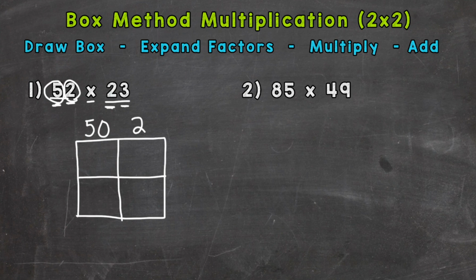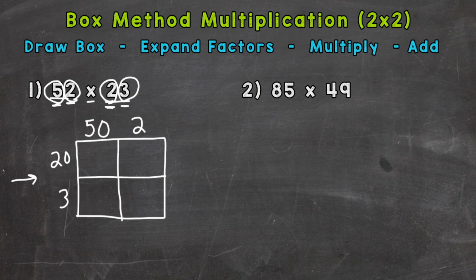Now we need to do the 23 along the side here. So the 2 has a value of 20, and the 3 has a value of 3. So our factors are expanded out, and we are ready to multiply.